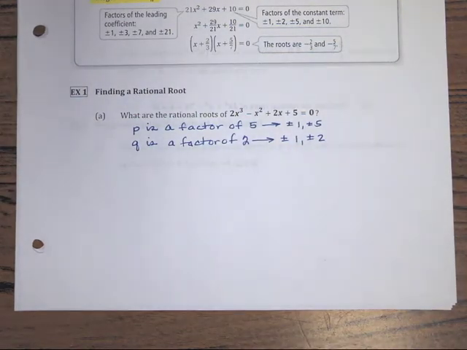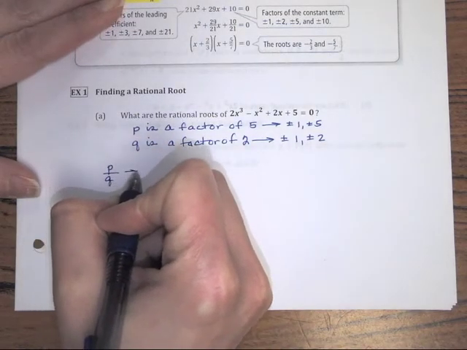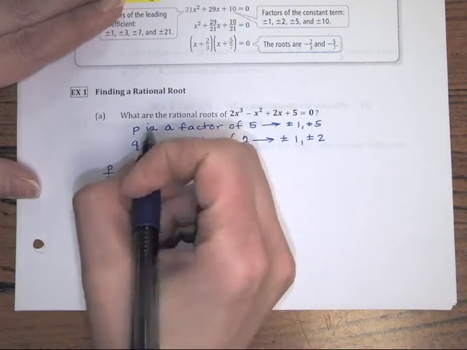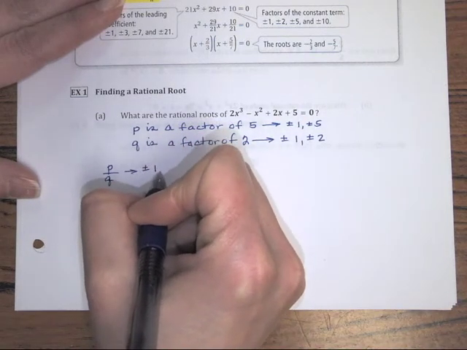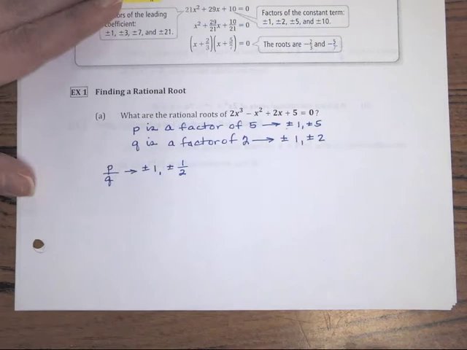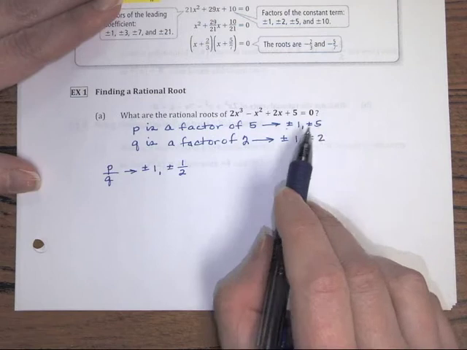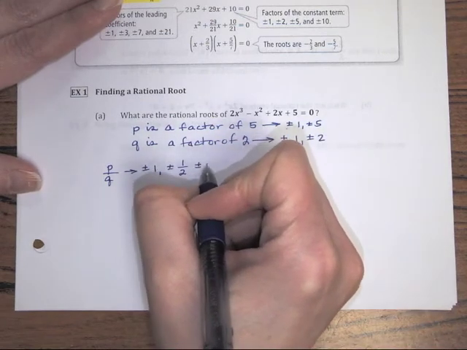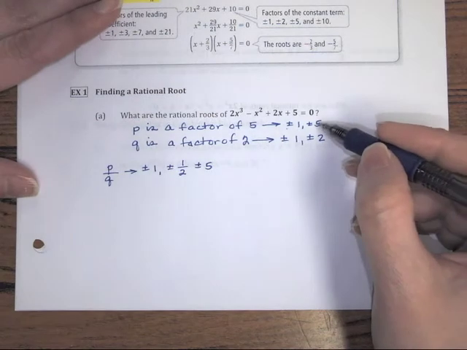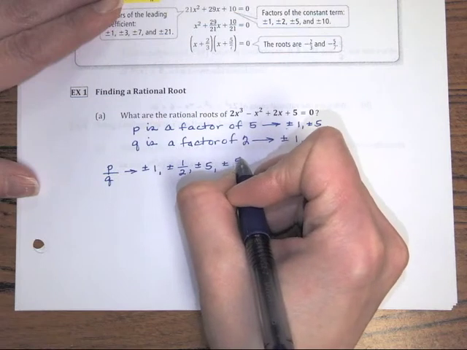Okay? So all the combinations of P on top, Q on the bottom would give us: take 1 over 1, that gives us plus or minus 1. Take 1 over 2, that gives us plus or minus 1/2. 5 over 1 gives us plus or minus 5, and 5 over 2 gives us plus or minus 5/2.